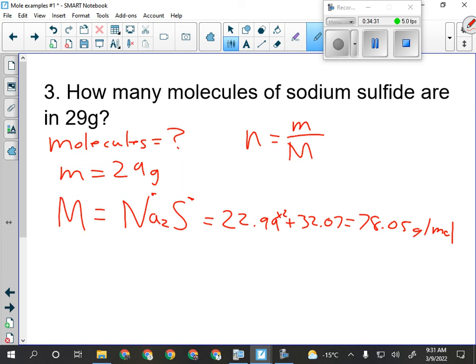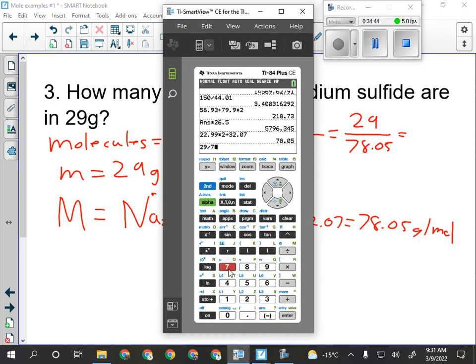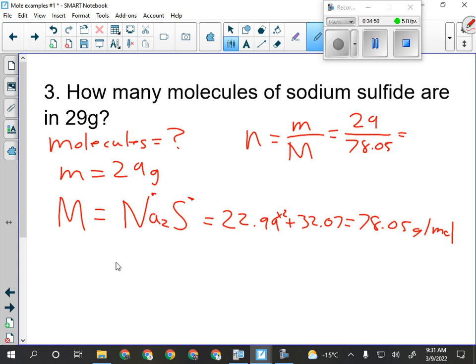All right, so little m, we were told, was 29 grams. We're dividing that by big M, which we just calculated to be 78.05. All right, we have 0.37 moles.